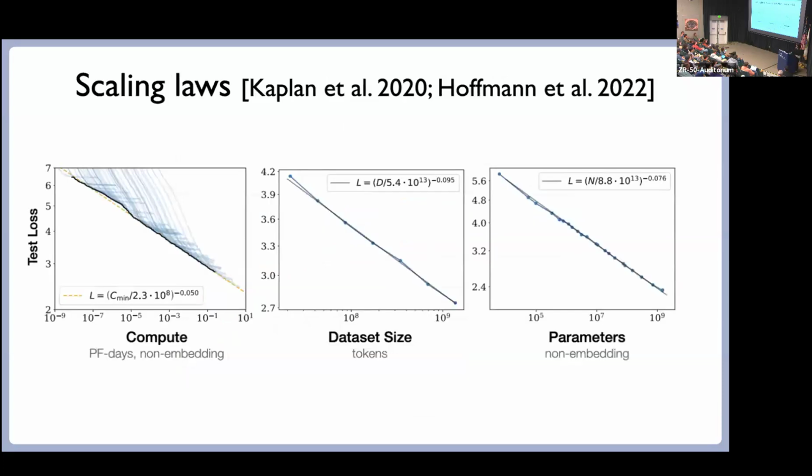But it also turns out that it's not just about the number of parameters, it's also the size of the training data. For instance, these are graphs from scaling laws, which is one of the very important concepts in establishing large language models. If you look at the graph on the right, that's similar to the one we saw earlier. The x-axis is the number of parameters. The y-axis is something called test loss.